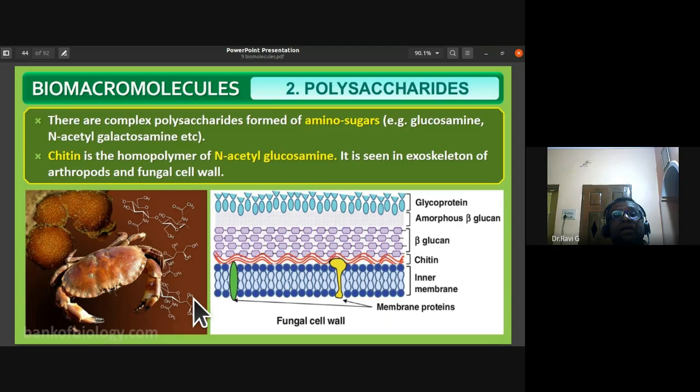Chitin is the homopolymer of N-acetyl glucosamine. It is seen in the exoskeleton of arthropods and in the fungal cell wall. So remember that chitin is a homopolymer of N-acetyl glucosamine.